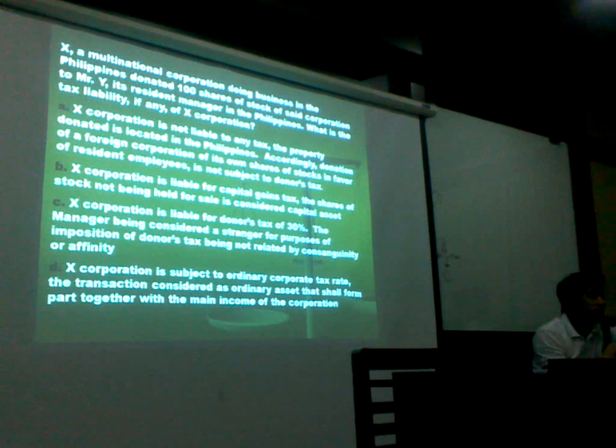Letter C. A. Letter C. Donor's tax of 30%. The resident manager, because resident manager is usually a foreigner, di ba? Resident, gali. Filipino.